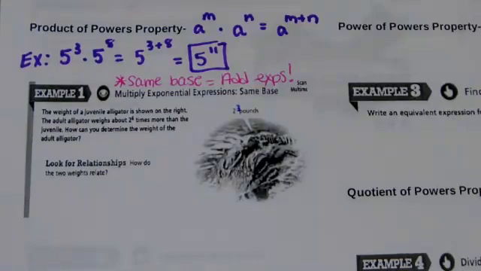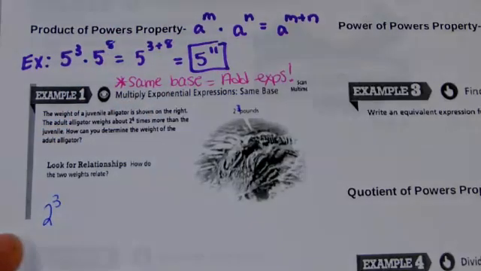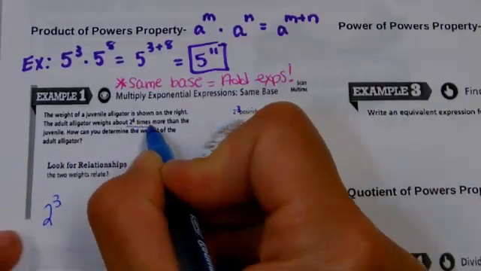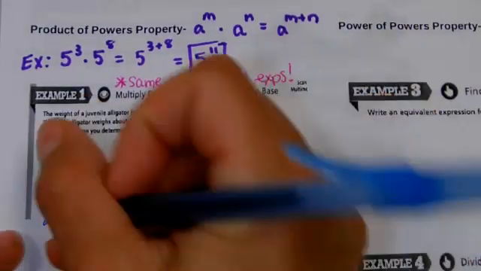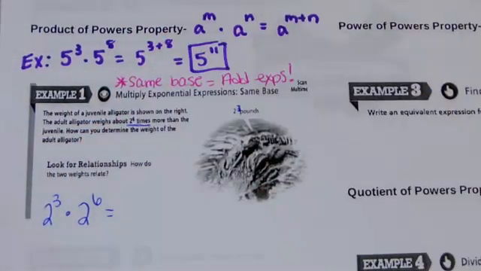So what we would do here is take our 2 to the third power. That's our young alligator. And it says that the adult alligator weighs about 2 to the 6th times more than that. So we multiply that by 2 to the 6th and try to figure this out.